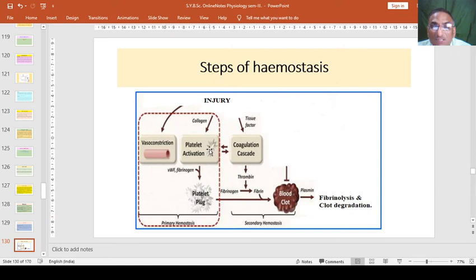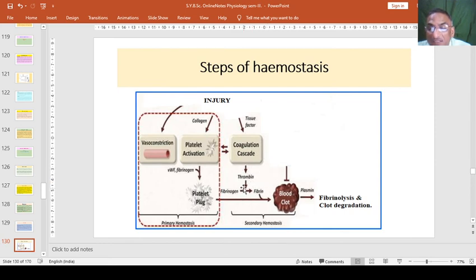Then they communicate with the coagulation cascade mechanism. When the tissue factor is released, it forms thrombin, using thromboplastin material.